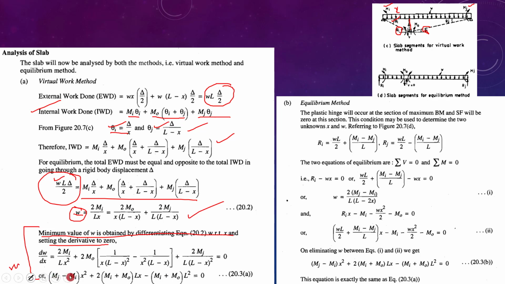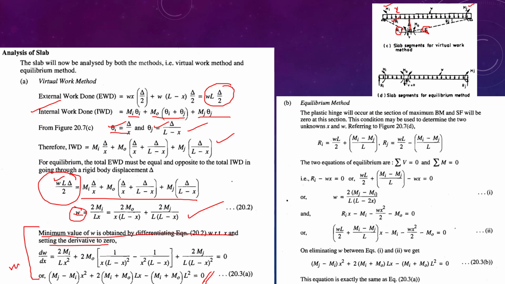So we'll get Mj minus Mi into a square. This equation will give you the lowest capacity or lowest collapse load for the one-way continuous slab by the Birchbach method.